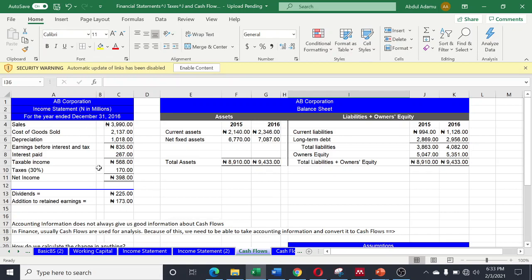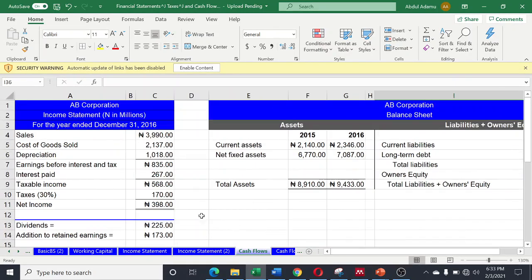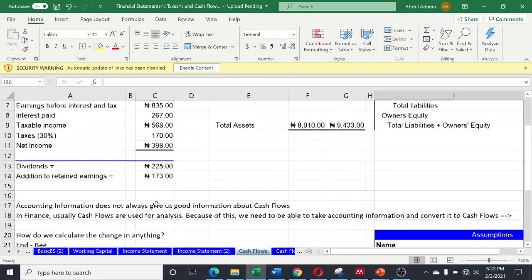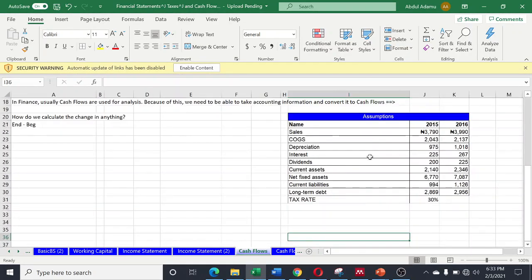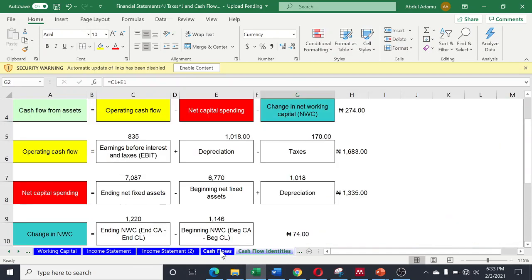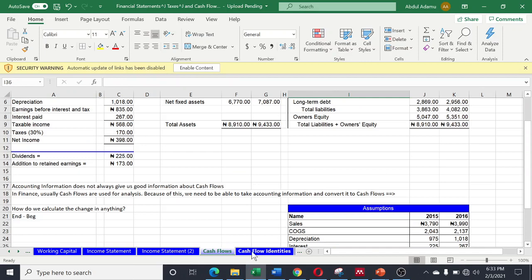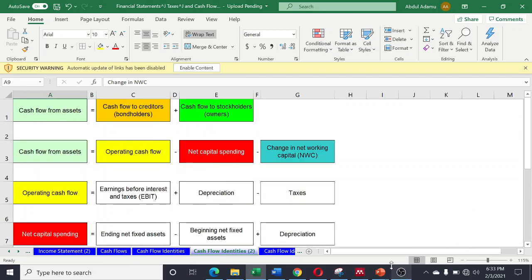So we are going to use our financial statements, which are this income statement and the balance sheet which we have computed, plus our assumption values to be able to compute our cash flow identities. So for cash flow identities, this is the formula.